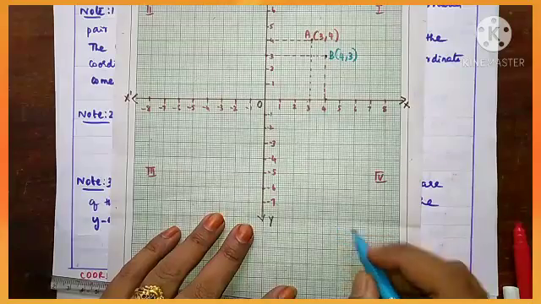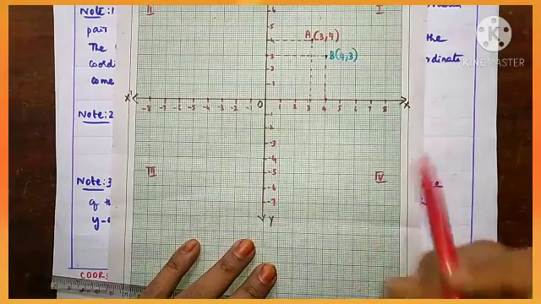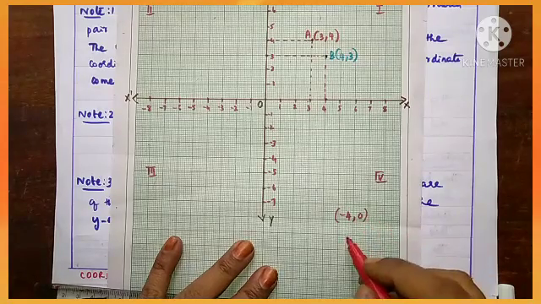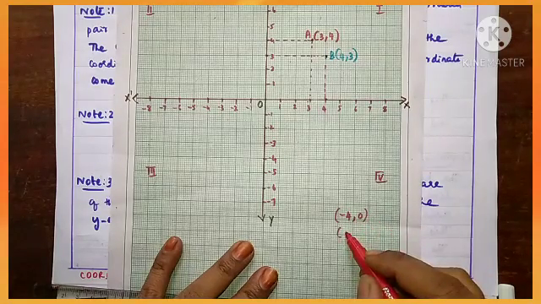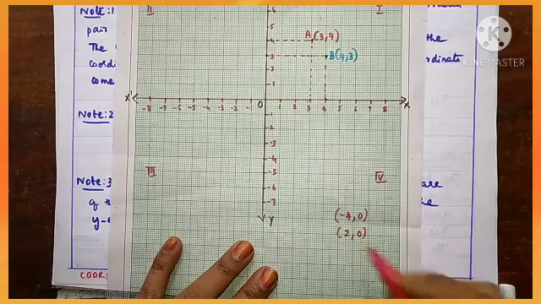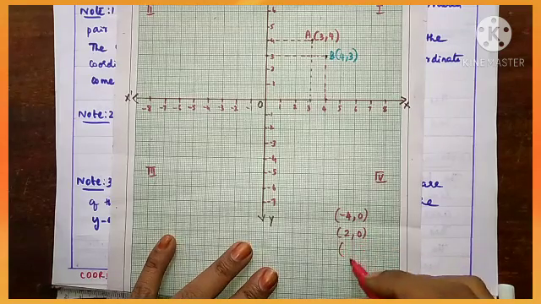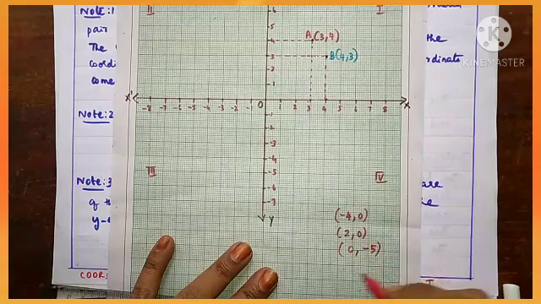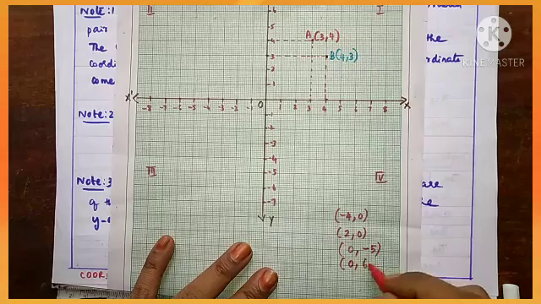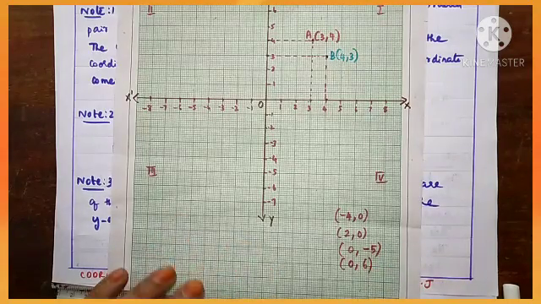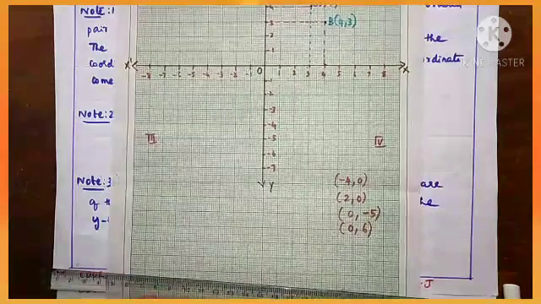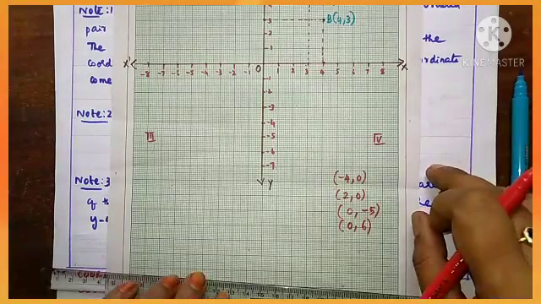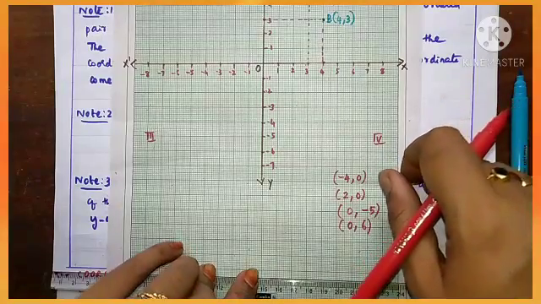Let the points be (-4, 0), (2, 0), and then (0, -5) and (0, 6). So I have taken 4 coordinates here. Let us check which point is lying on the x-axis and which is lying on the y-axis.